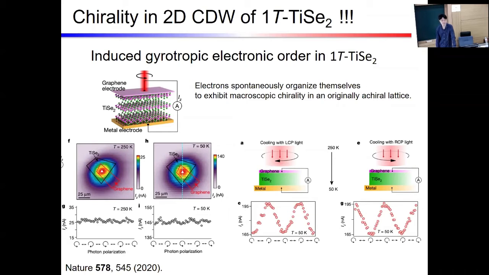Then a connected question is that at least theoretically, can you explain this optical chirality by one of the CDW pictures, the one you explained with the 3-layer rotating? Oh, they don't have any, because that rotation scenario is not confirmed. I know, but suppose that scenario. Actually, this can be ruled out because that is at least 3 different chiral structures.